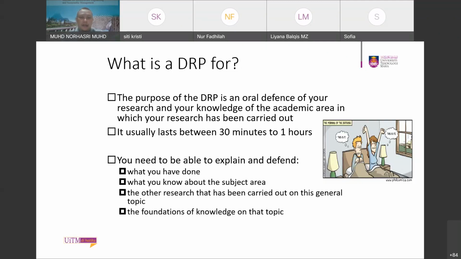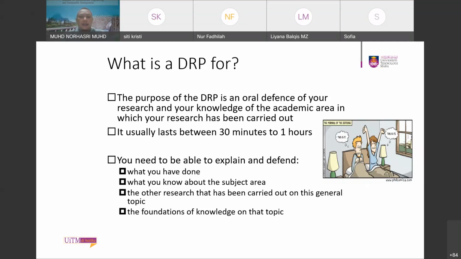Again, know what you have done, know your area well. Check previous researchers and topics regarding yours, and then prepare yourself with a very good fundamental on the area that you have been assigned.